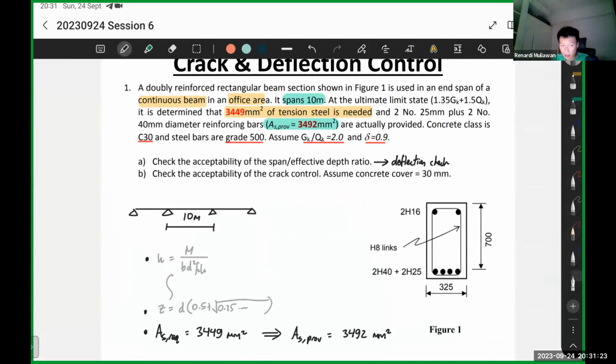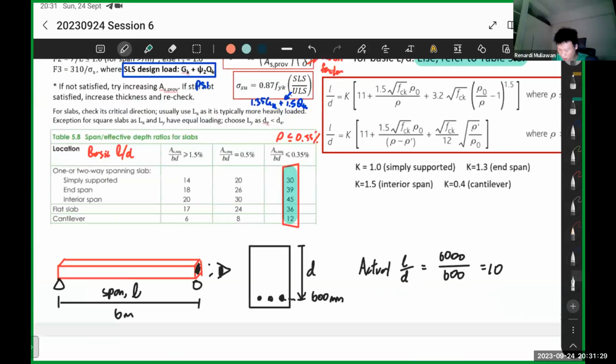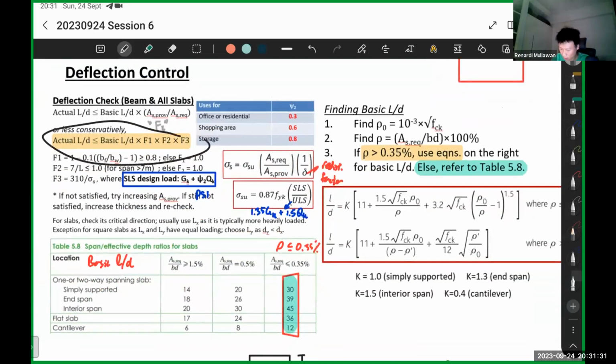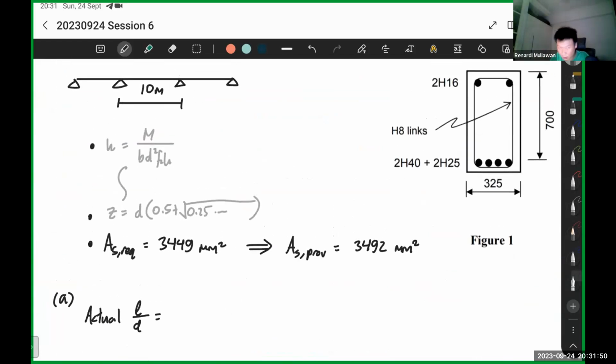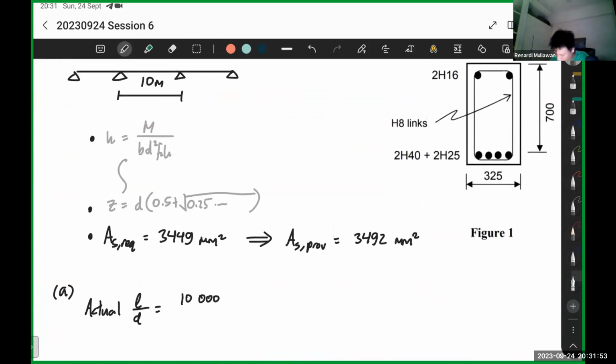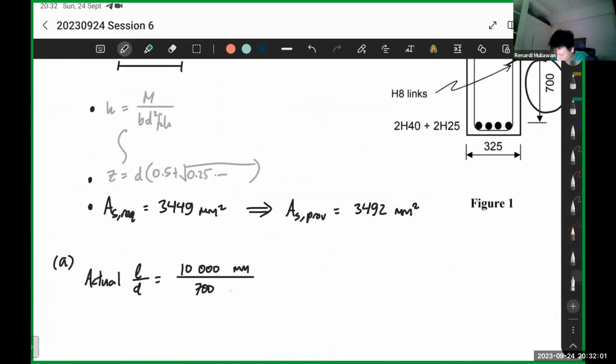So let's go to the deflection check now. For the deflection check, we refer to this. We can find the actual L over d first. So actual L divided by d: L just now is given as 10 meters, so it's 10,000 millimeters, divided by d. d here is also given, it's 700 millimeters.